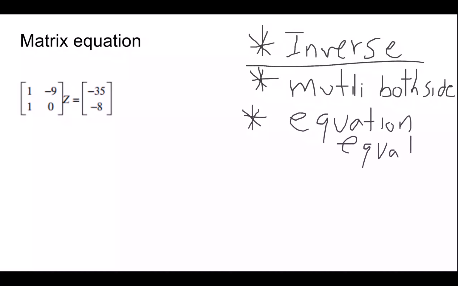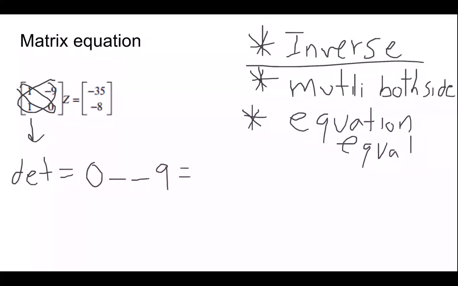If you remember from the last video, taking the inverse, we're first going to find the determinant of this thing. So the determinant is going to equal a and d, which will be 0, minus negative 9, which will give me just a positive 9.